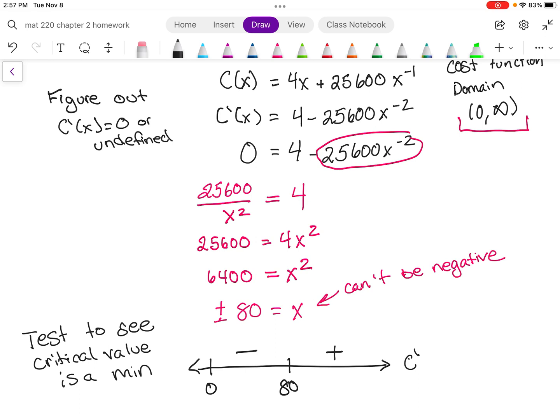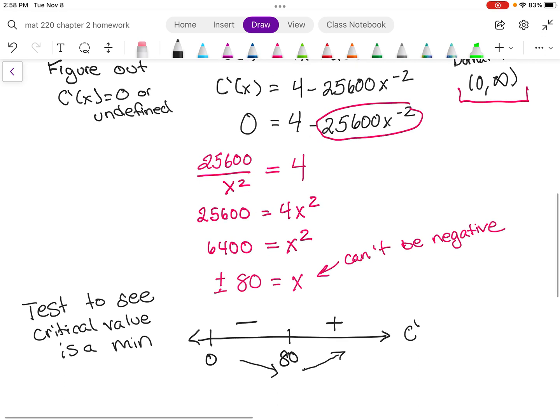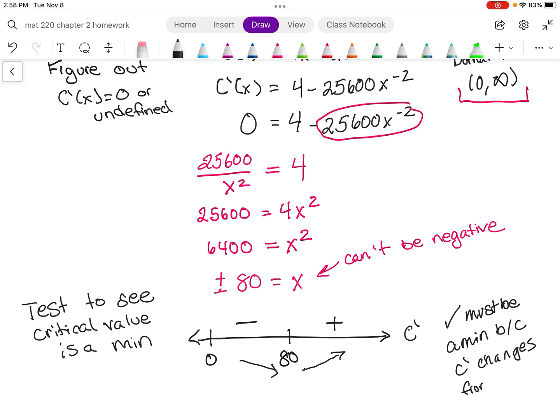So basically, knowing the derivative is negative on this interval, my function was decreasing, and then it's positive on the second interval, so that would be increasing, and since my function is going from decreasing to increasing, it's a minimum. So yep, good, works. Check. Must be a minimum because C prime changes from negative to positive.